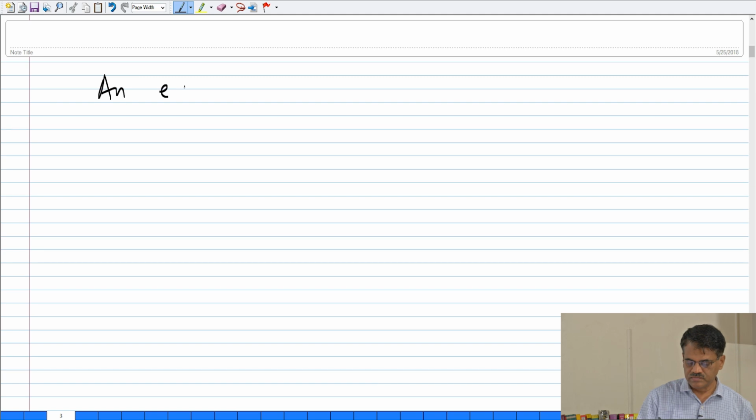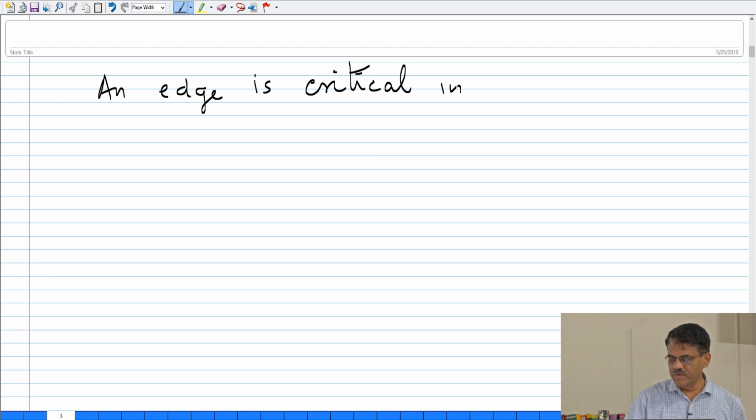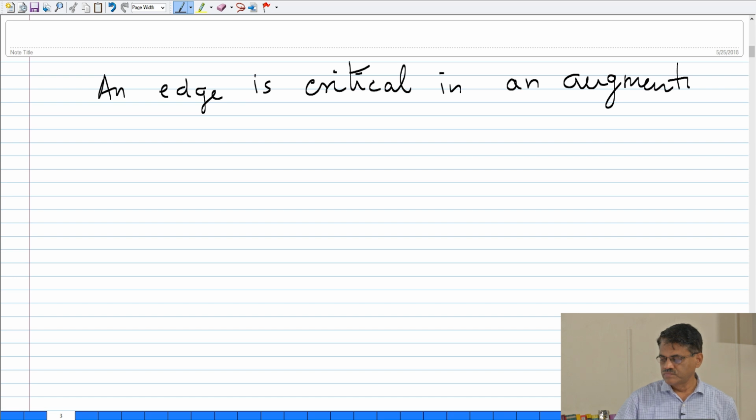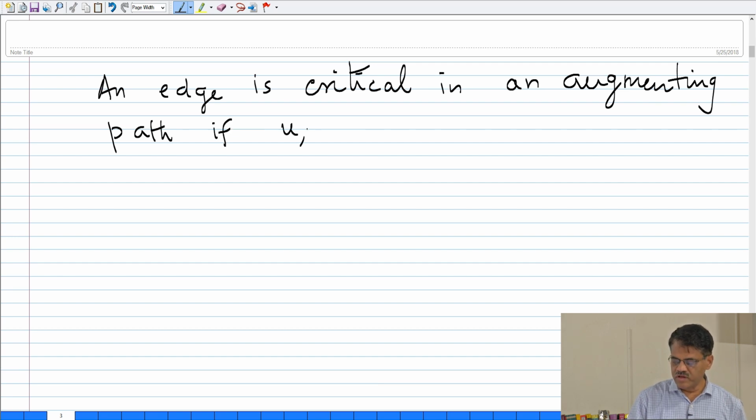Lemma 2 will say that every edge, but before that let us define a notion of a critical edge. In an augmenting path, an edge uv is critical if uv is saturated after the augmentation.